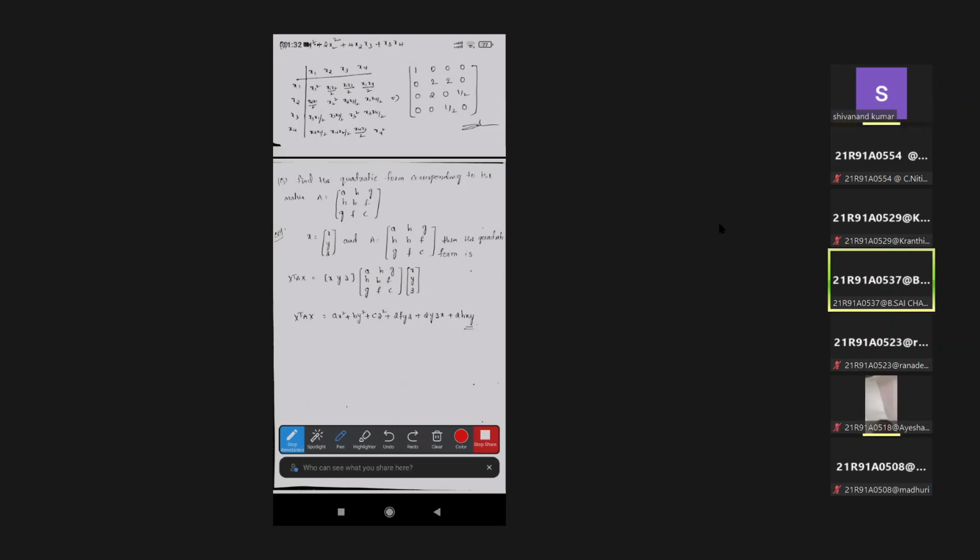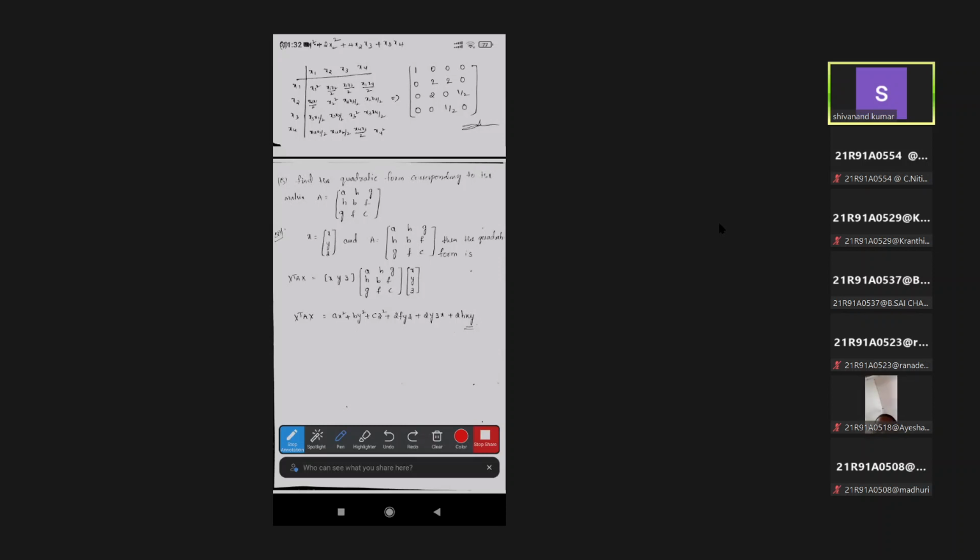Whatever matrix they give, you have to convert it into the quadratic form, and quadratic form to matrix form. There are two types. Just now I explained matrix form to quadratic form. The formula is very simple: x transpose A x. If you do it, you will get the quadratic form.